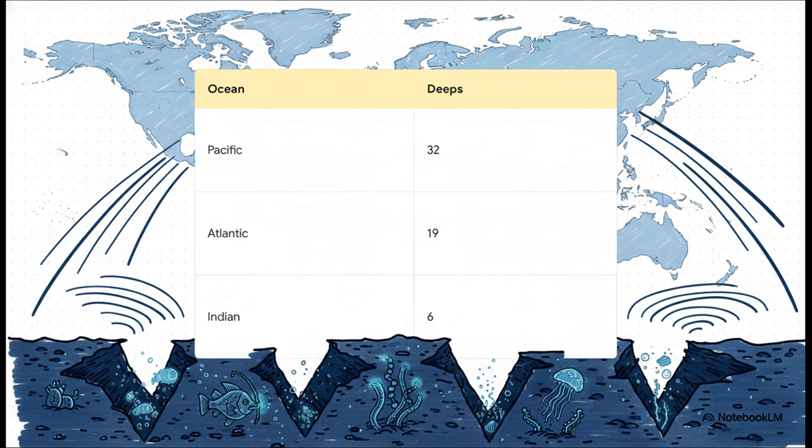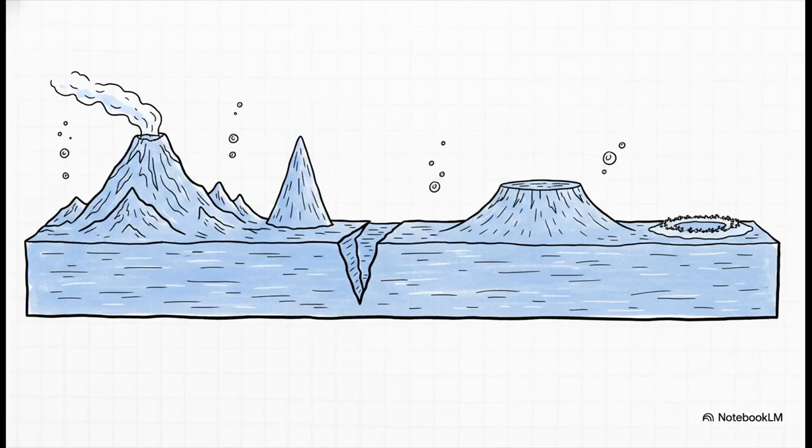These are literally the darkest, most pressurized environments on Earth, and sprinkled all across this vast, deep canvas are a whole host of minor relief features. We're talking about massive volcanic mountain chains called Mid-Oceanic ridges, towering solitary seamounts, deep submarine canyons carved right into the slopes, flat-topped guyots, and coral atolls. The ocean floor is a rugged, violent, and highly dynamic landscape.